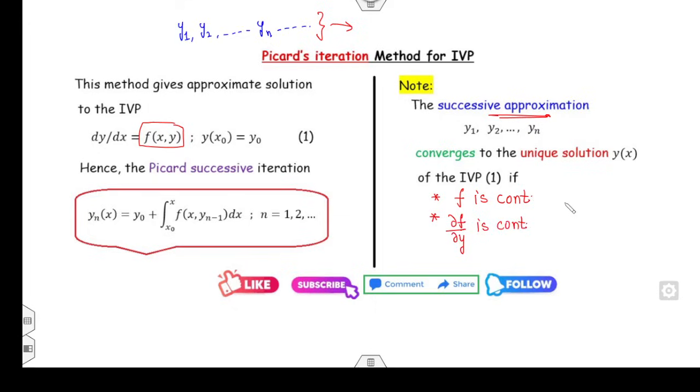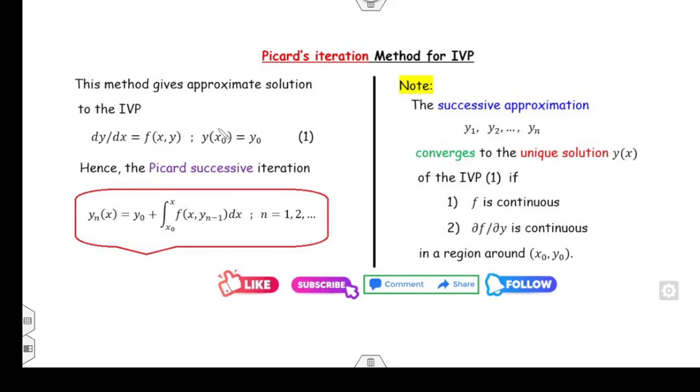Fine. Once these two conditions are satisfied around the given point x naught, y naught, then you can say the approximations you have found, y1, y2, yn, converge to the unique solution. Make sure, students, they converge around the point x naught, y naught. I will explain with the help of examples what is the meaning of around the point x naught, y naught.